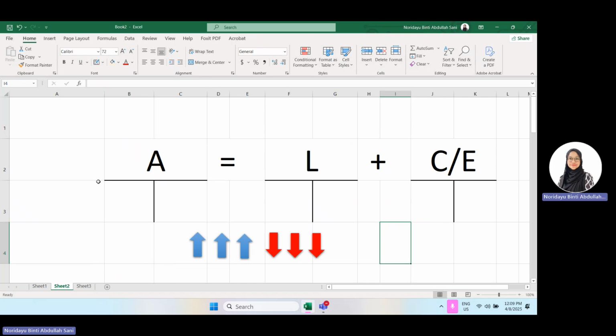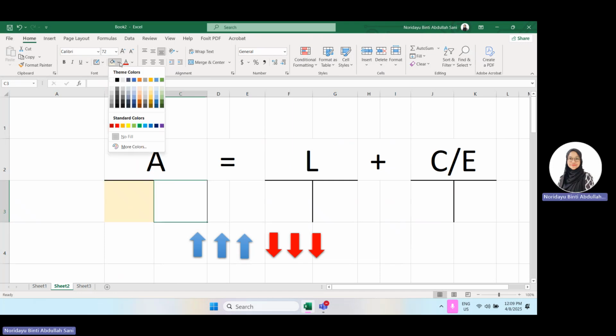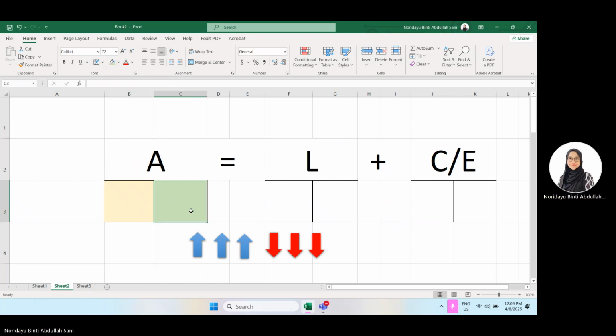Our ledger will look like a T account. As you can see here, I have a capital letter T. I have this side, which is on the left hand side. And for this side, I have the green one, which is on my right hand side. For this yellow, which is the left side of this T account, this is what we call the debit side.